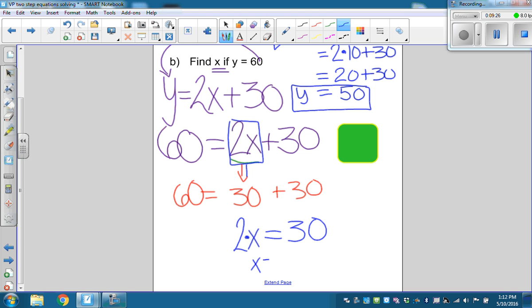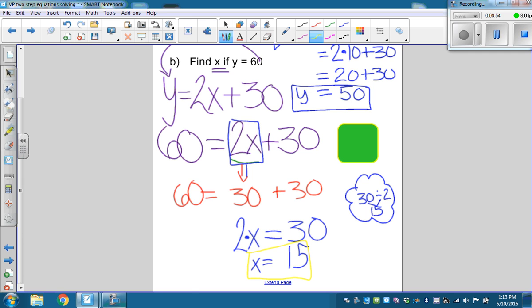Some of you will know that 2 times 15 is equal to 30. If you can't do that in your head, you have to do 30, and then the inverse of multiply is divide, and you'll get 15. Final answer, x equals 15.